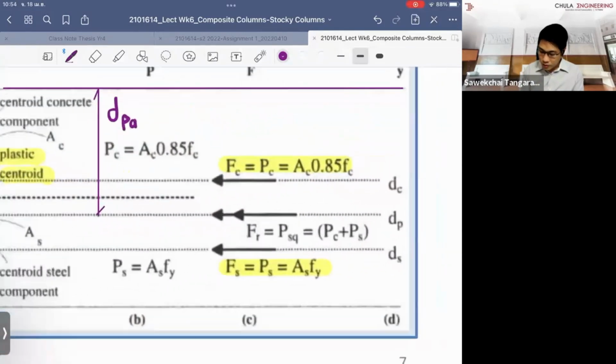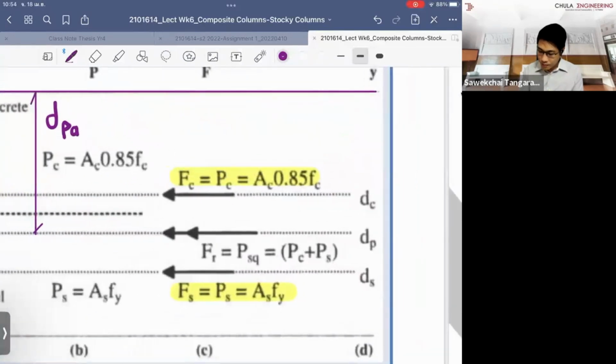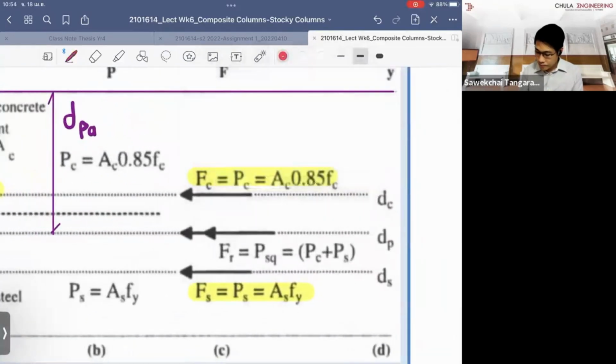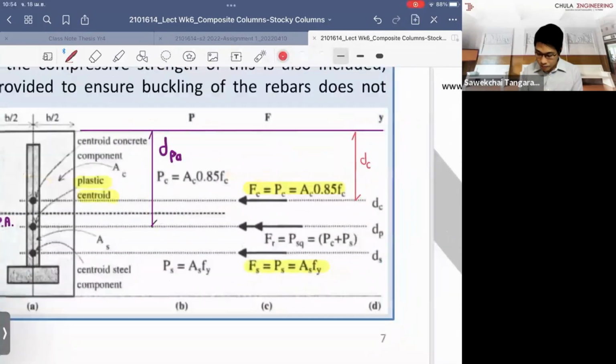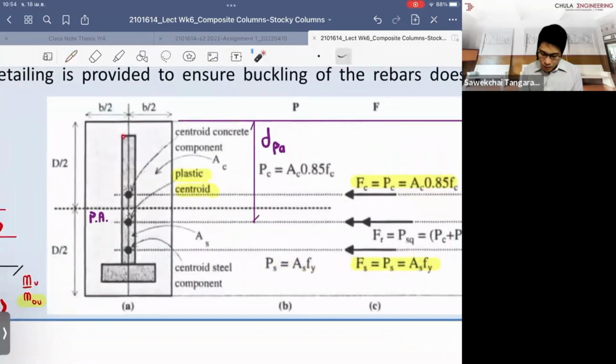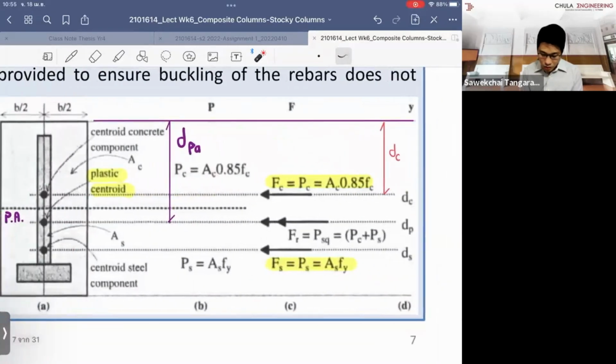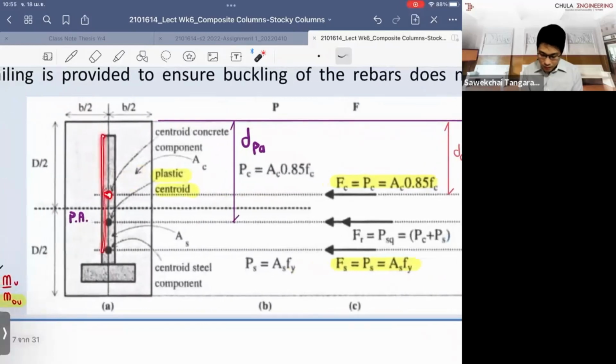For example, we have the depth from the reference line at the top surface to the centroid of the concrete, which is at half. They don't put it at half because the steel is unsymmetric, right? So if you calculate the centroid of the concrete precisely, it sits here.